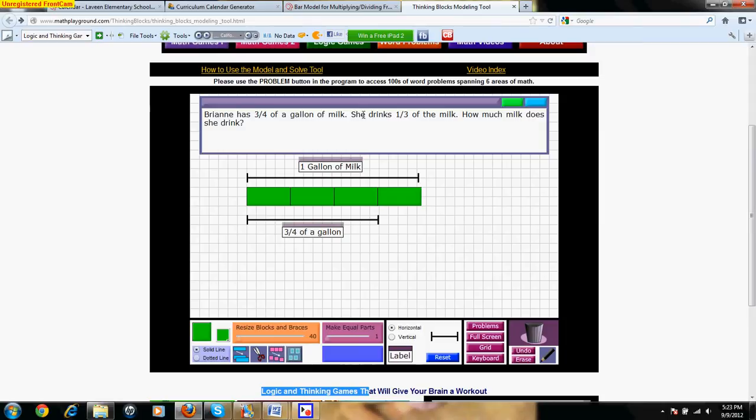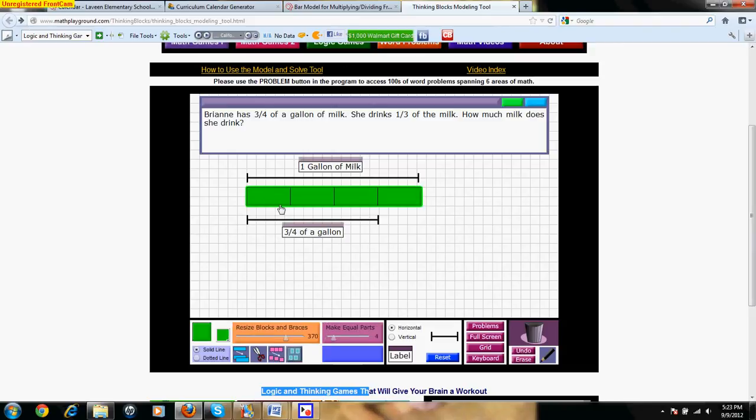Now we have to determine how much of, she drank 1/3 of this 3/4. So the next thing we're going to do is take these and break them up into thirds so we can then determine what 1/3 of them are.